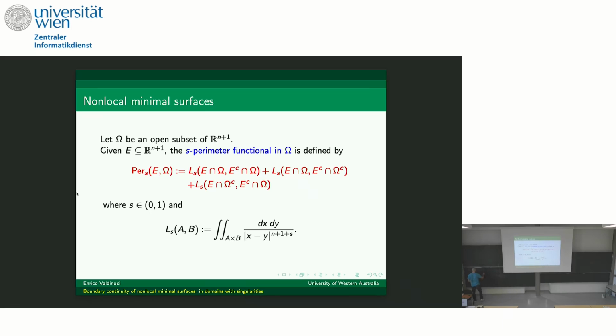Roughly speaking, here I have to put the interaction between E and the complement of E, which I denote by E^c, with some component in omega.